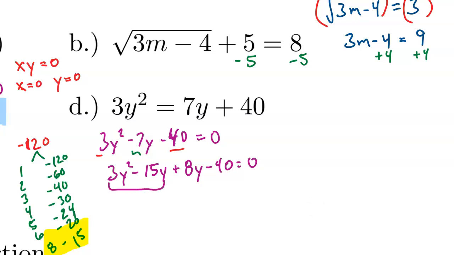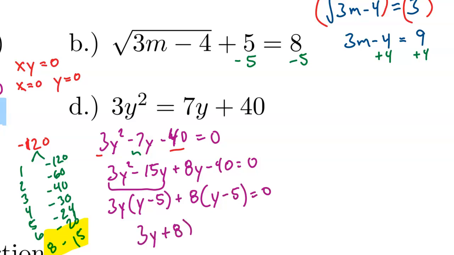I can factor out a 3y from the first group, and it leaves behind y minus 5. And I can factor out an 8 from the second group, and it also leaves behind y minus 5. So my factorization is 3y plus 8 times y minus 5.